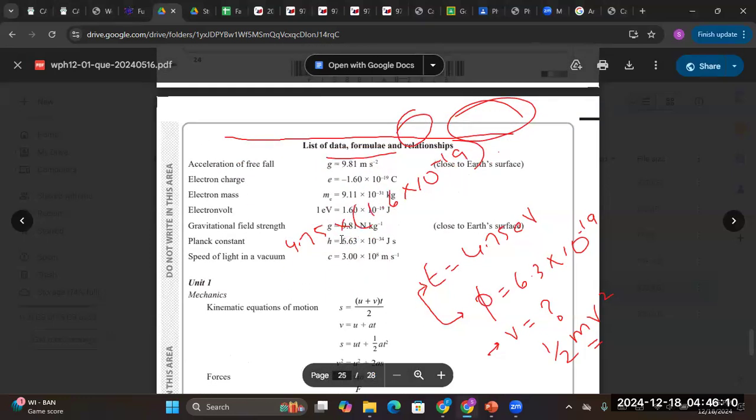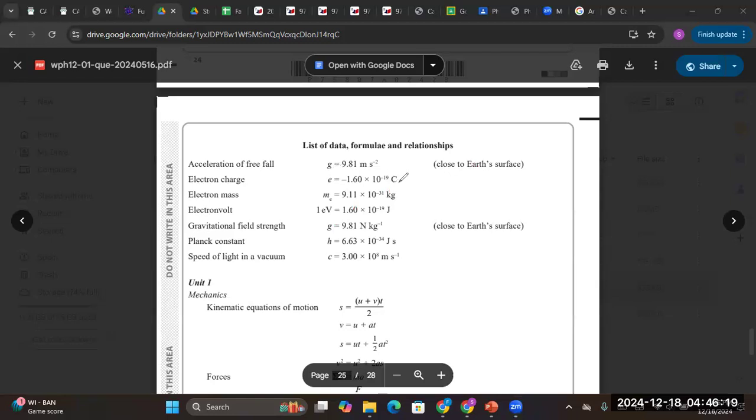See, all the values are given towards the end of your paper. So you don't have to learn these values. See, the charge of an electron. The mass of an electron is given over here. The value of Planck constant as well, you don't have to learn it. These values are given to you.